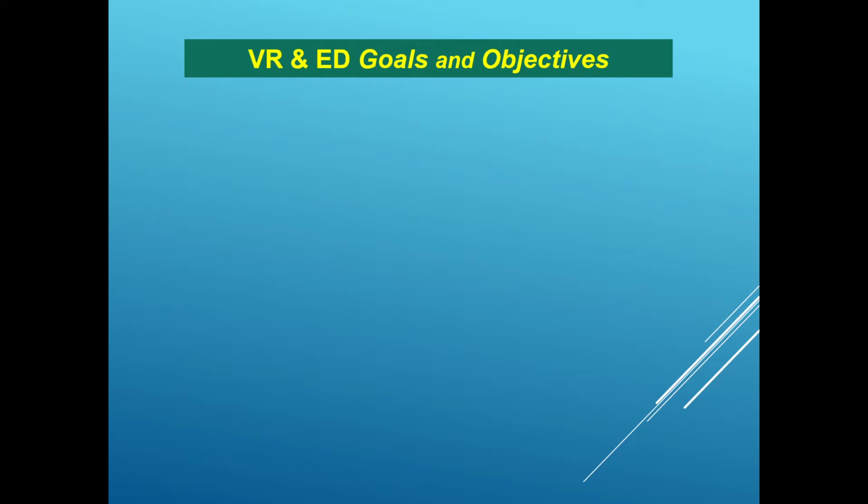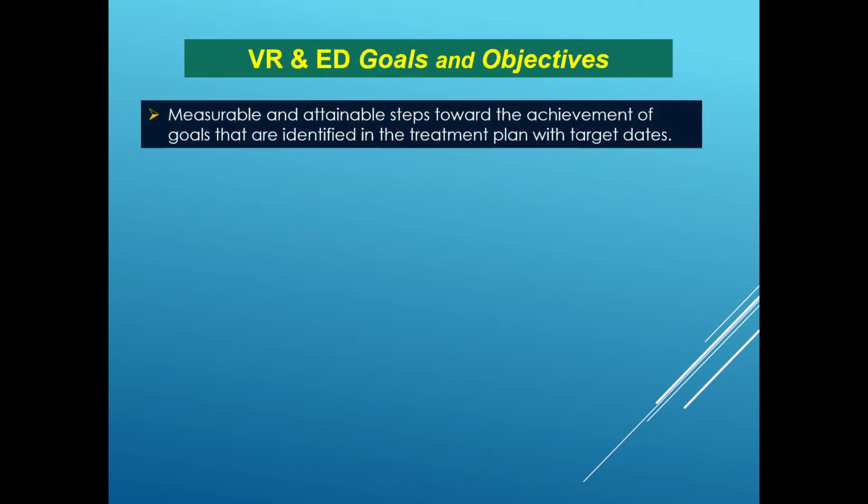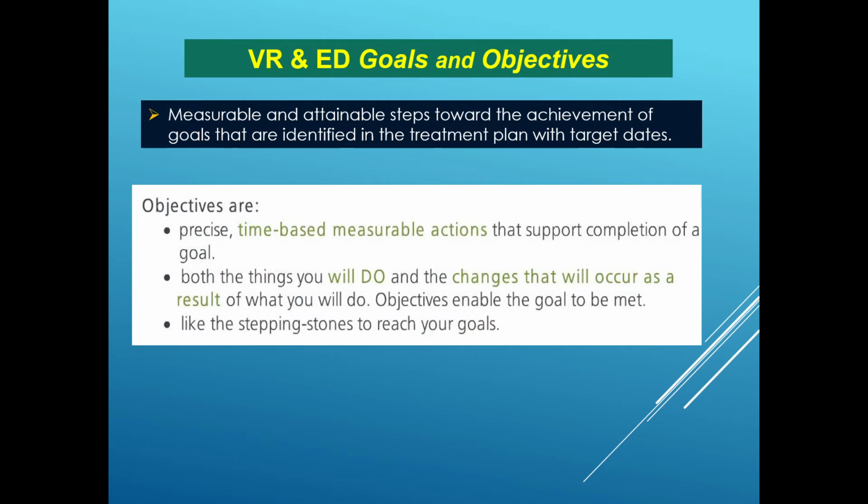Okay, here we go. So goals and objectives are measurable and attainable steps towards the achievement of goals that are identified in the treatment plan with target dates. Objectives are precise, time-based, measurable actions that support completion of a goal.